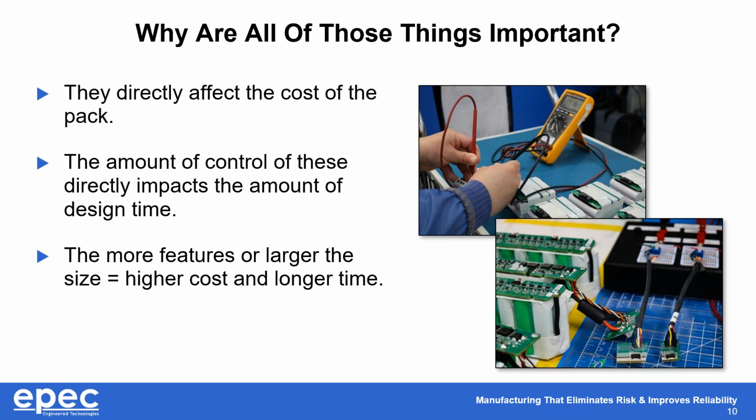Because if you've got a situation where the battery you see down at the bottom of this has 36 cells, that's 4 different zones, and that's a lot. Basically, there's 4 different BMSs on that printed circuit board there. So as you can imagine, the more the features, the higher the cost, and the longer the development time. And that's why all these things are important. And the more features you want to put on it, the fewer options we have for a standard pack that we can move quickly on.